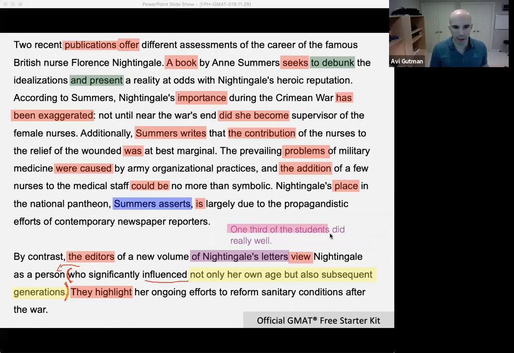And I wonder if maybe this is what you meant, Robert, as a subject phrase. So you could say that whole thing that I highlighted in pink is the subject. But if you had to kind of narrow it down to a single word, what is the subject here? The subject is students, even though it came after a preposition. So that's kind of an exception to the rule. But that's the only exception I'm aware of.